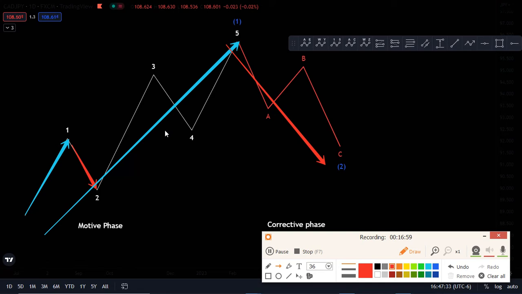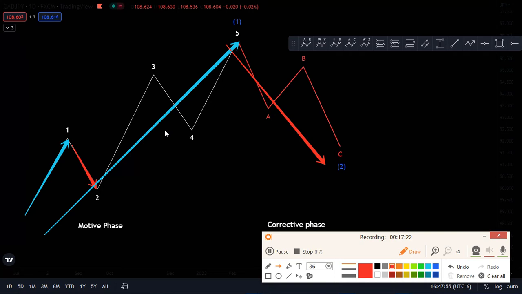So key takeaways of this video: there are two types of wave modes, which is motive mode and corrective mode. Corrective mode is where we find waves that have a 3-wave structure, and under motive mode is where we find waves that have a 5-wave structure.